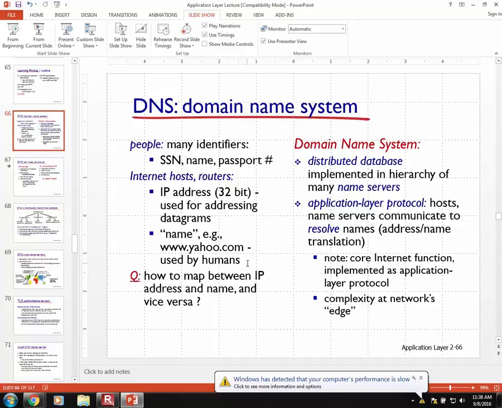This is one of those areas where the layers get a little fuzzy, because it's actually an internet level function, but it's implemented as an application layer protocol.